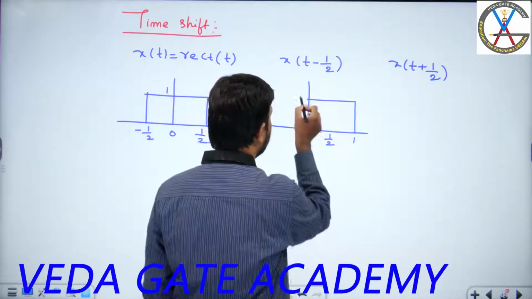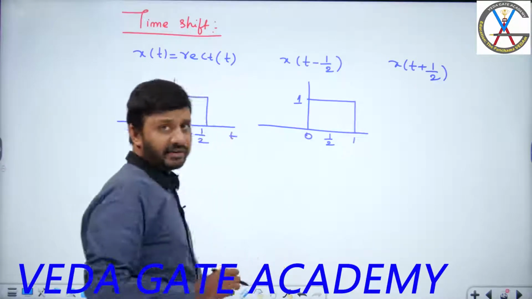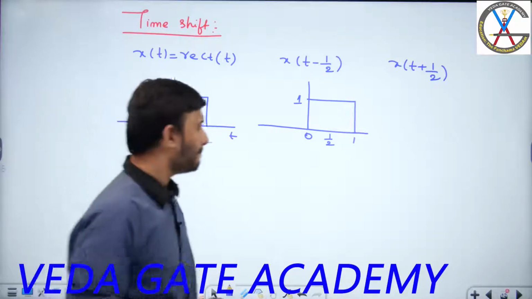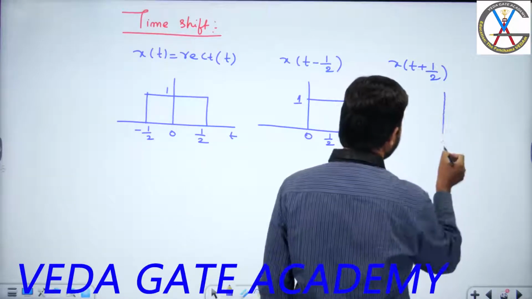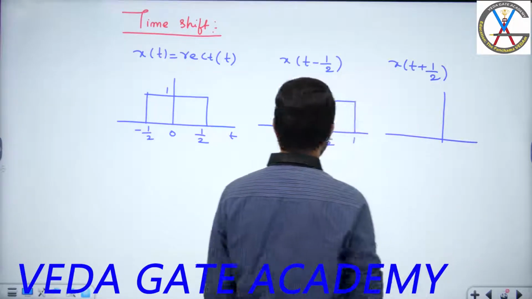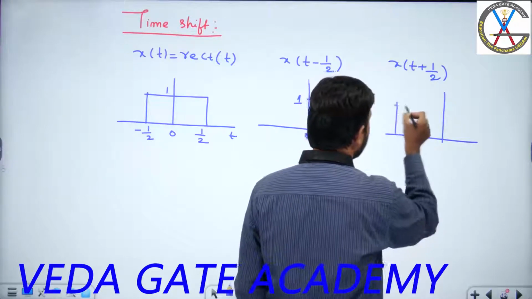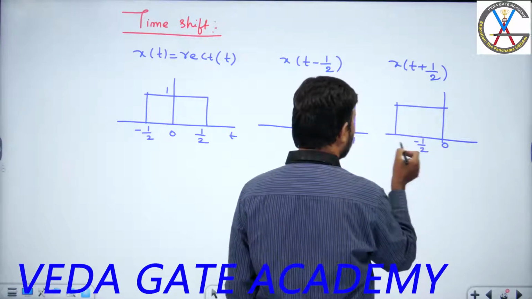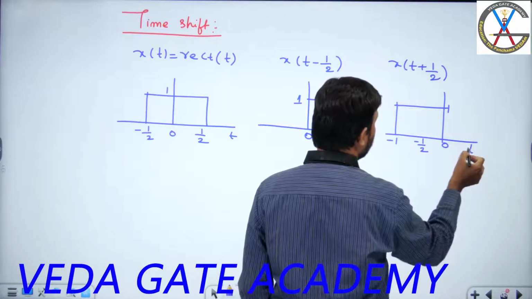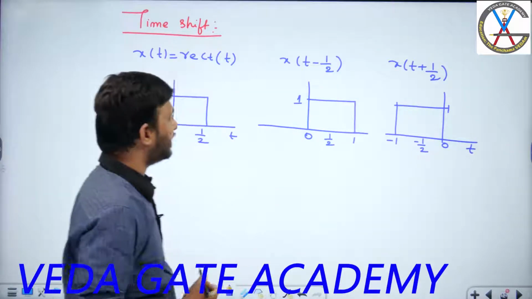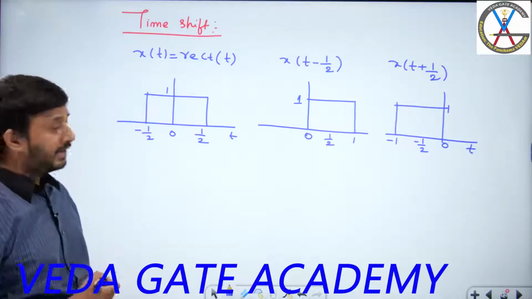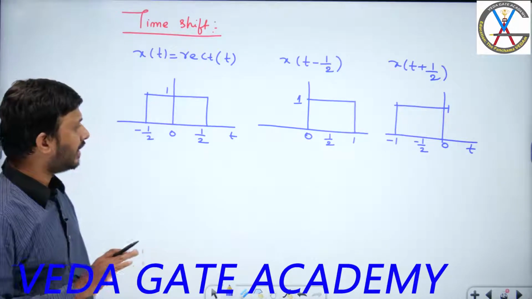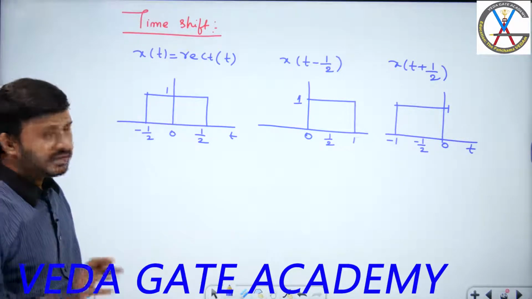This is x of t minus half. X of t plus half is the advanced version of x of t by 1 by 2. Advanced version means left shift. This is 0. This is minus 1 by 2. This is minus 1. Yes. We got the delayed version and advanced version for the signal x of t is equal to rect t. There is no problem. So shifting you can do.